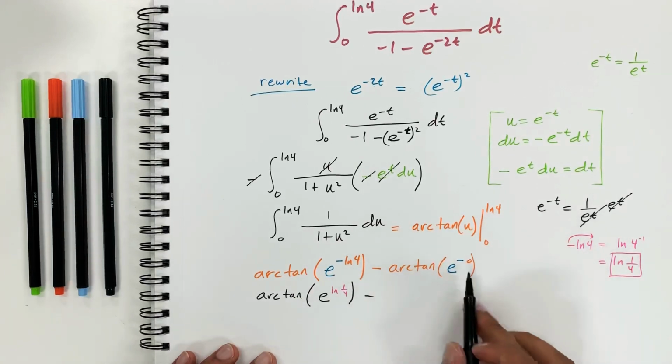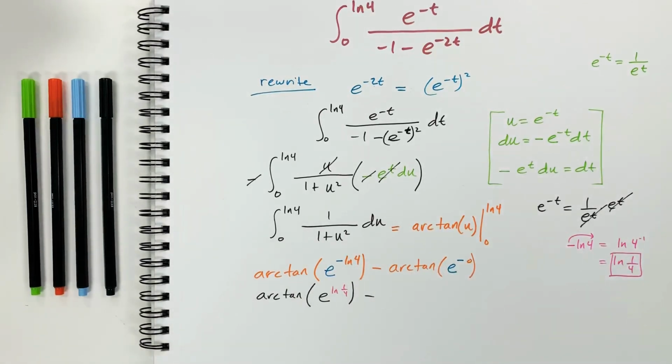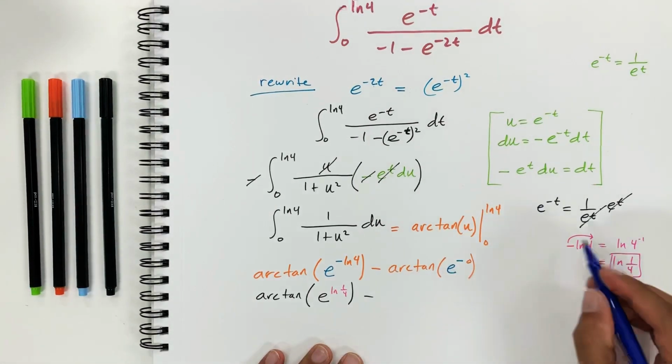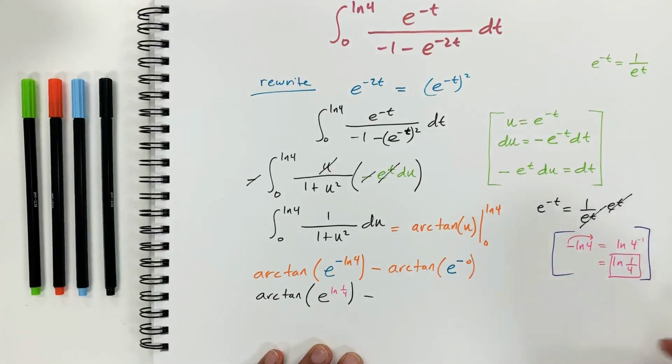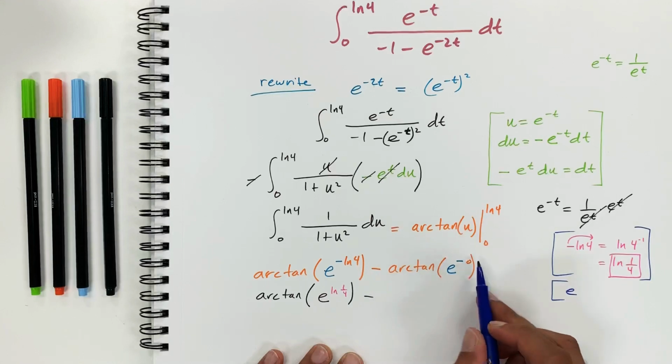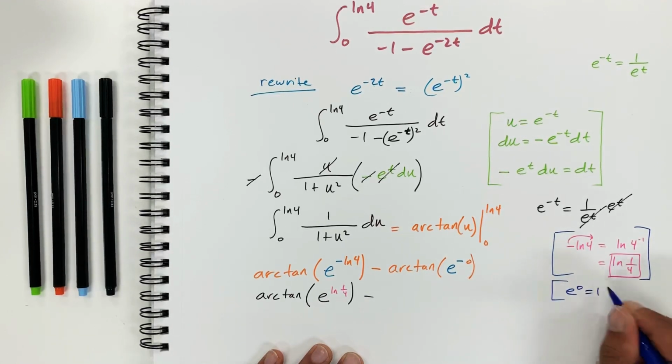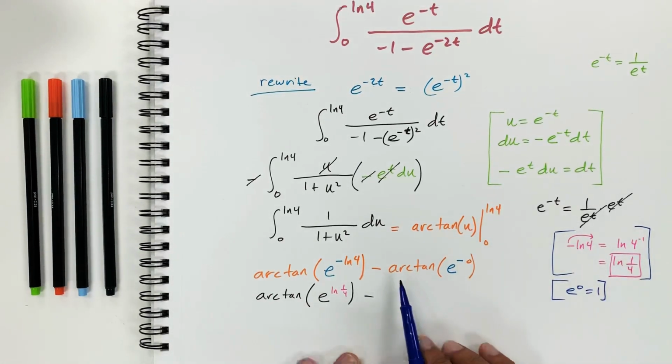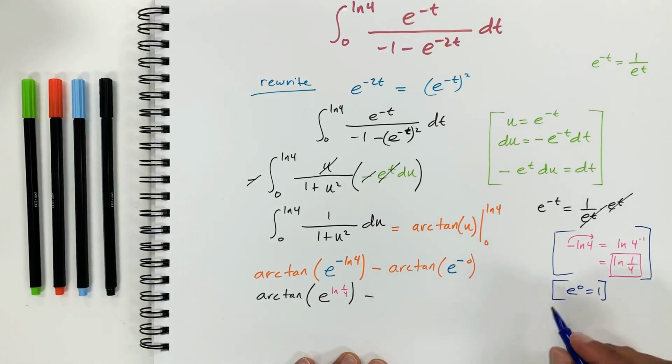Similarly, here we're going to look at the graph of arctangent. We already used this part, and so we're going to use this part. e to the negative 0 is just e to the 0, and that is equal to 1. So let's see where arctangent of 1 is.